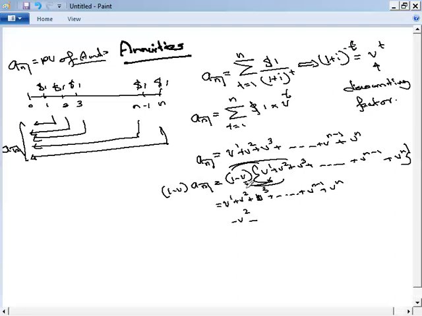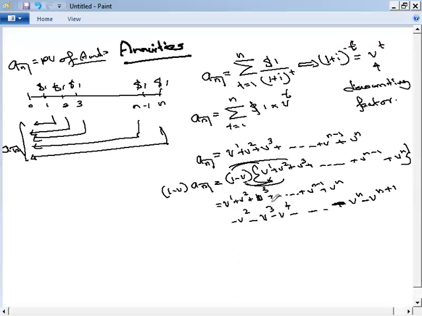For the second term, if we multiply v^2 by minus v, we get minus v^3. For the third term, it's minus v^4. Likewise, for the nth term, it's minus v^n into v, and finally v^(n+1), also with a minus. I think this is clear, no?